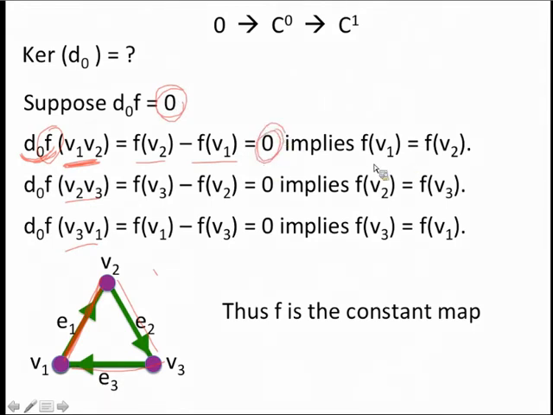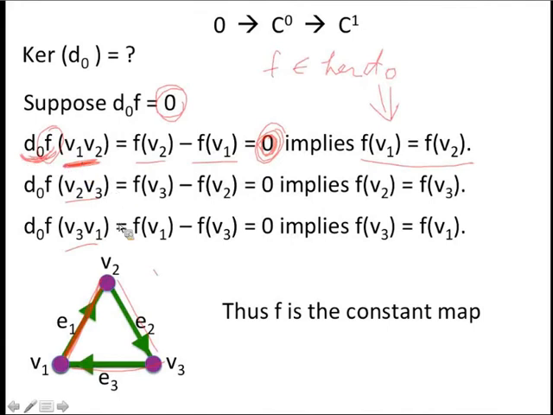And so, if f is an element of my kernel of d0, then I would need f of v1 to equal f of v2 so that I get the 0 function out when I do d0 of f applied to any edge.